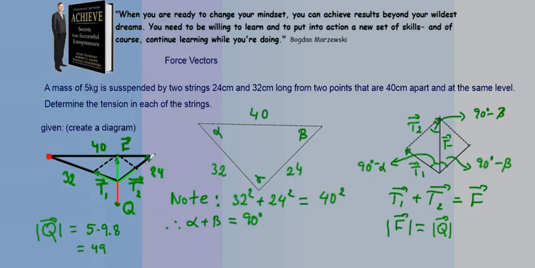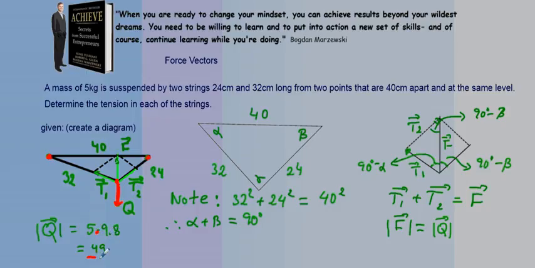So fixed point on each side, the mass is pulling the string down. So there is a tension in the direction of each string, T1 and T2. That 5 kilogram mass is pulling down, and the force Q in that direction is defined as the product 5 kilogram times 9.8 newtons.